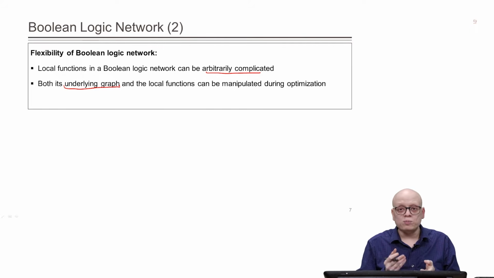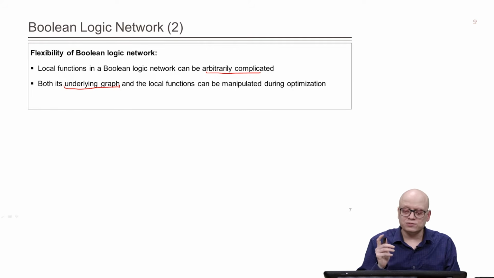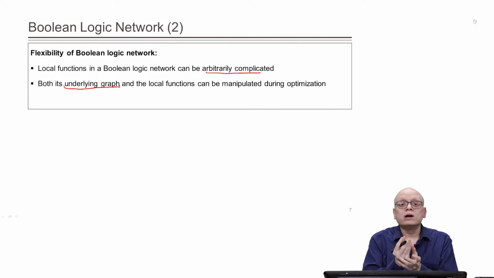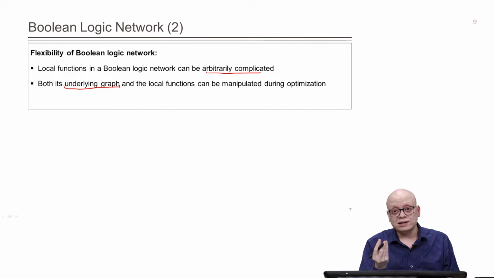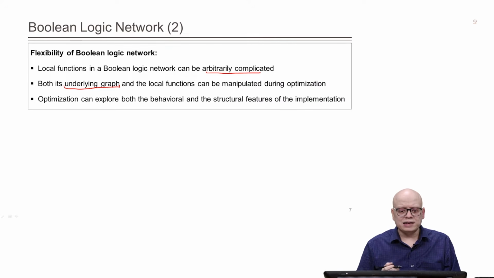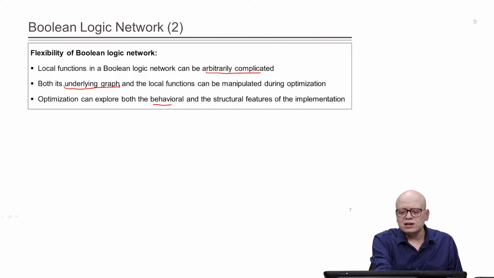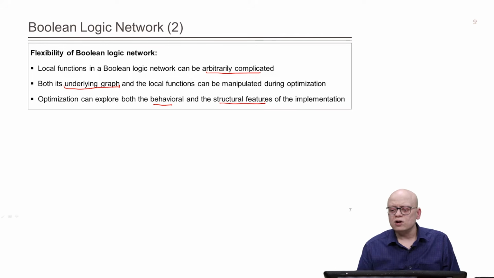Those can also be manipulated in a Boolean logic network, and of course, the local function that we have at each vertex can also be manipulated, as we will see. So, optimization can explore both the behavioral and the structural features of the implementation. Okay. So, because of the flexibility of the Boolean logic network, we can explore both the behavioral aspect of the Boolean function and the structural aspect.